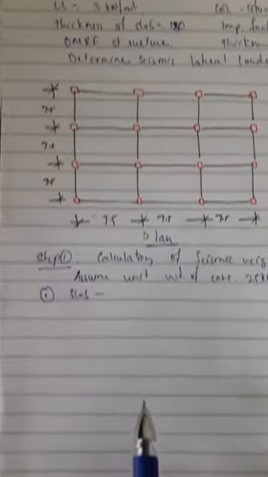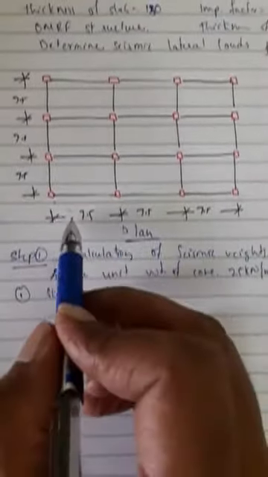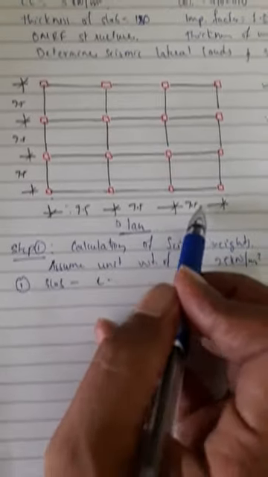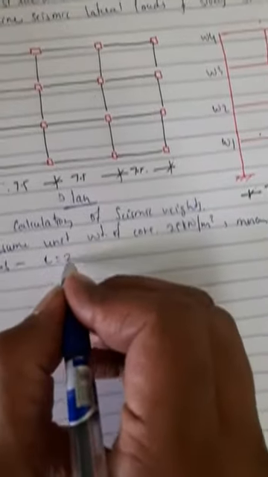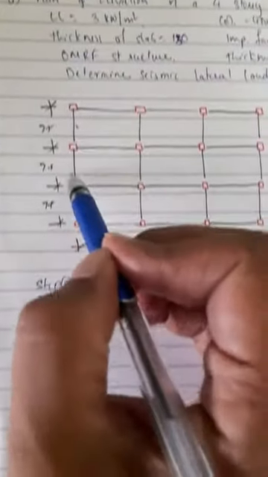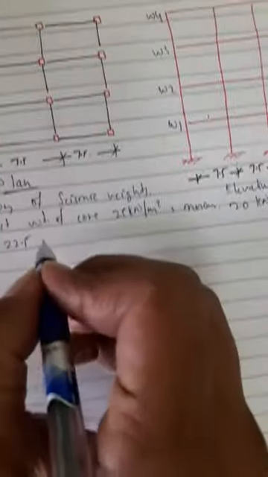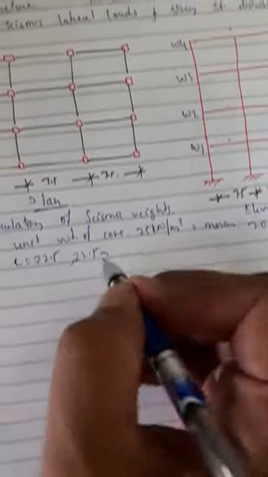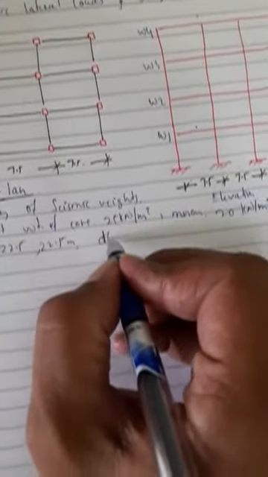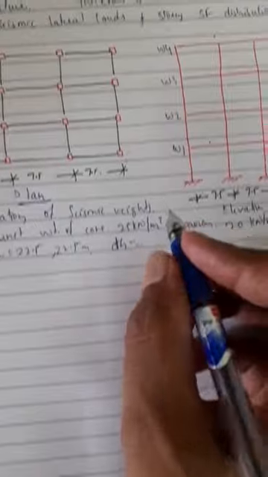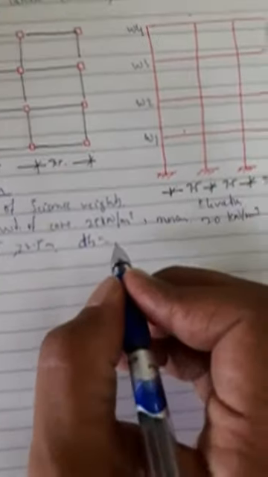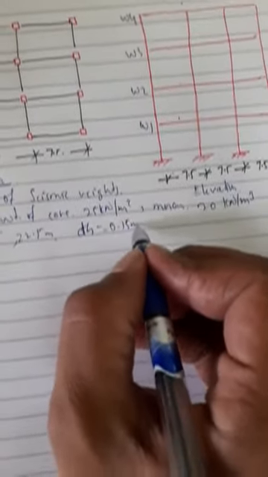First calculate total L and B. Length is 7.5 plus 7.5 plus 7.5, so length is equal to 22.5. B is 7.5, 7.5, 7.5, 22.5 meters. Thickness of the slab is given as 150 mm, 0.15 meters.